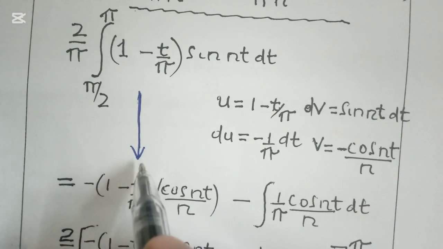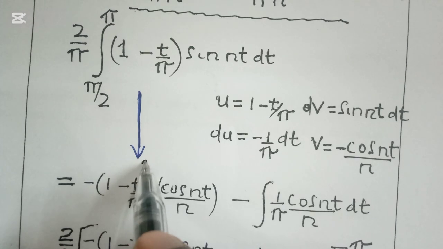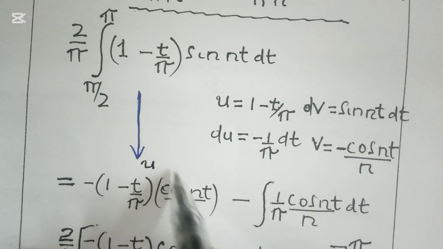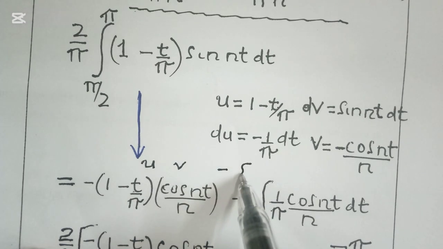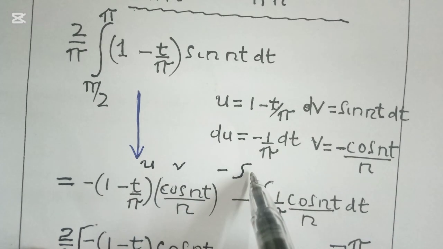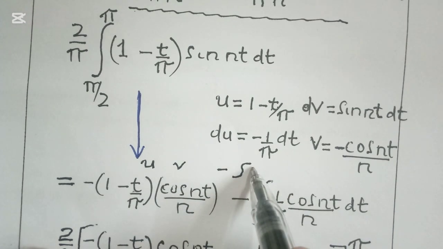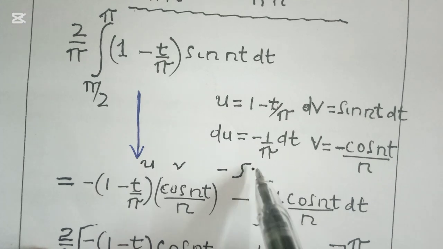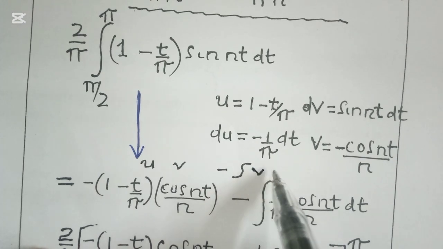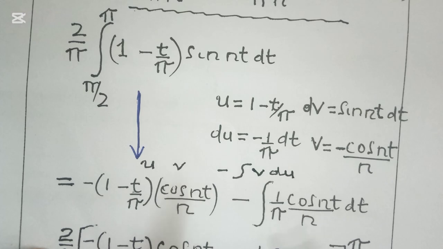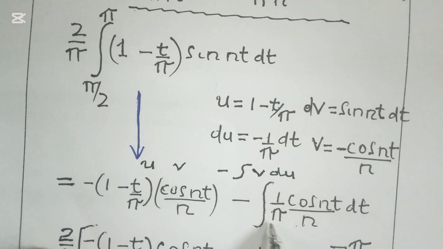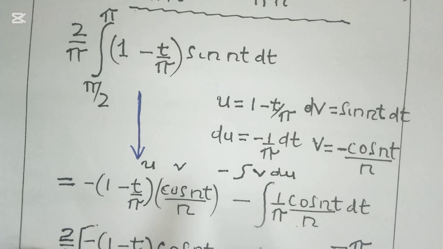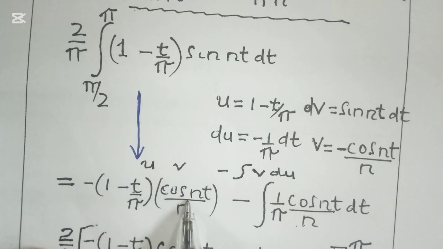I now use the integration by parts, whereby this is u. We have v here. Minus now the integral of v and du, like that. So as you can see, this is my v and this is my du, and you have the u and you have the v.